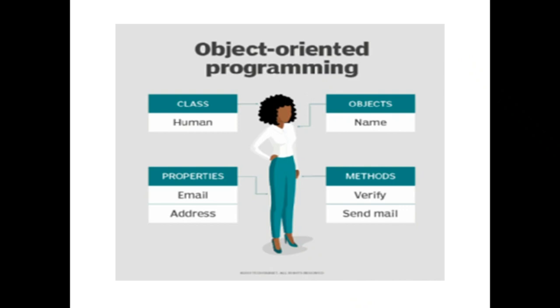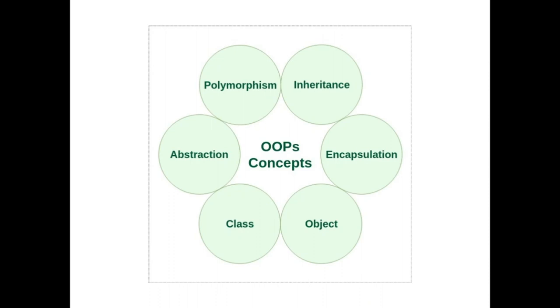So let's move ahead. Now we have a few of the properties of object-oriented programming, or the methodology. These are the building blocks of OOPS: polymorphism, inheritance, encapsulation, classes and objects, which we have already talked about, and abstraction.